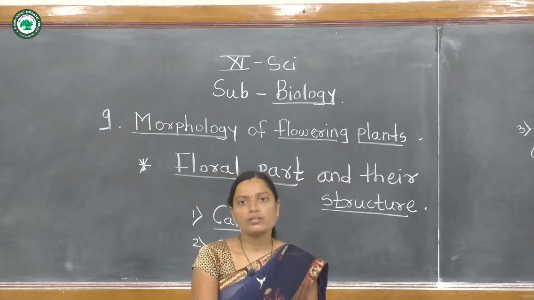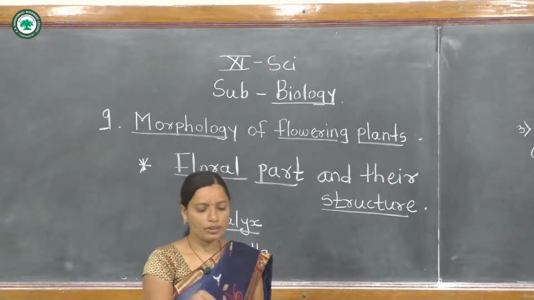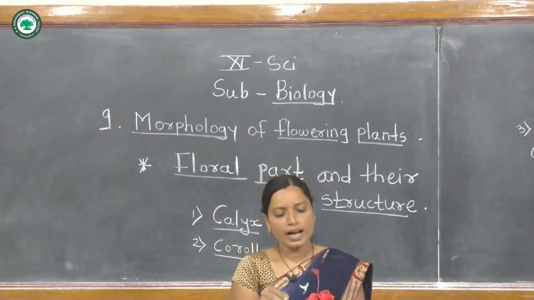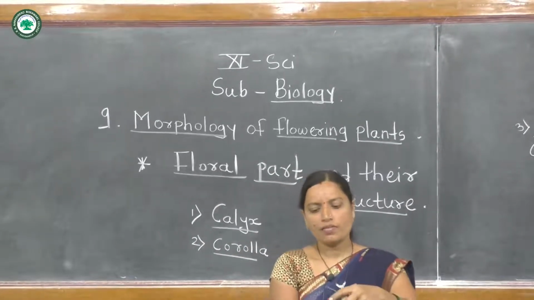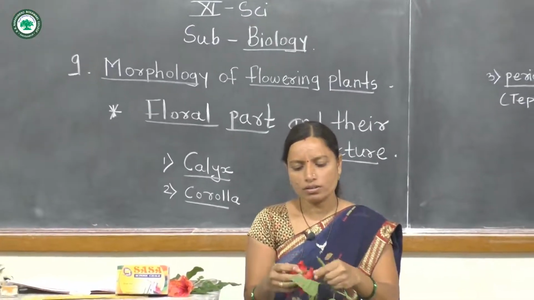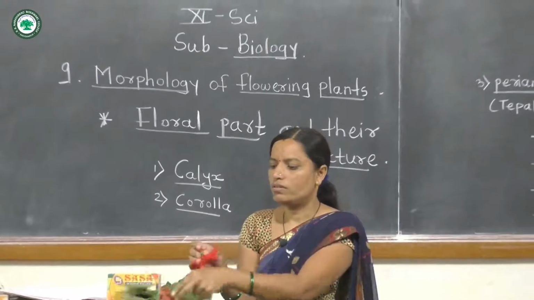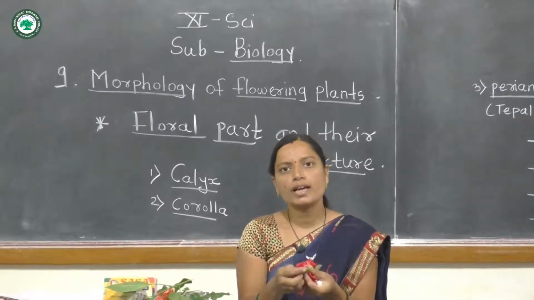Now the first thing is to discuss the different parts of the flower. This is a flower, and it shows the different parts. The first part of the flower is this green colored part, called the calyx.